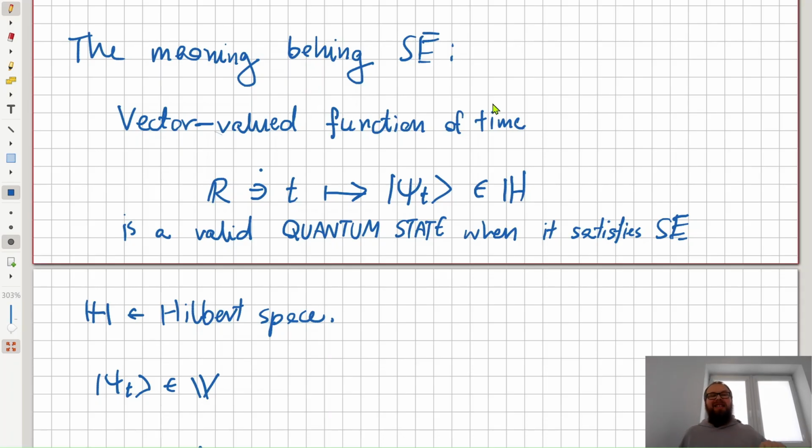The state is a function of time, so it's not just one vector, it's a whole function. The whole assignment would be a description of the state under the condition that it satisfies the equation. If it does not satisfy the equation, it might be a state for some different system, but not for this system, which is identified by the Hamiltonian that we provided in the beginning. That is the meaning of the Schrodinger equation.